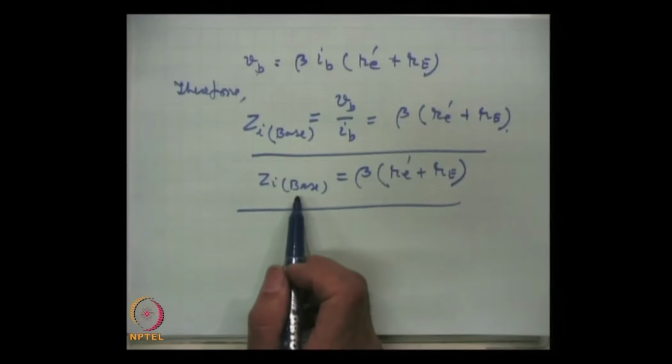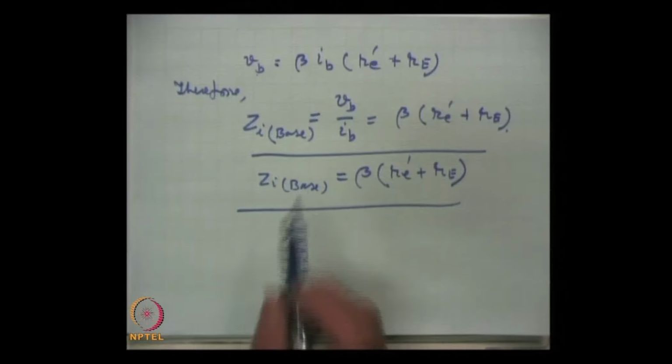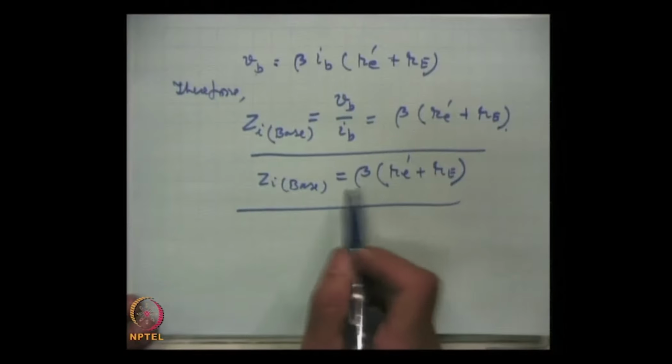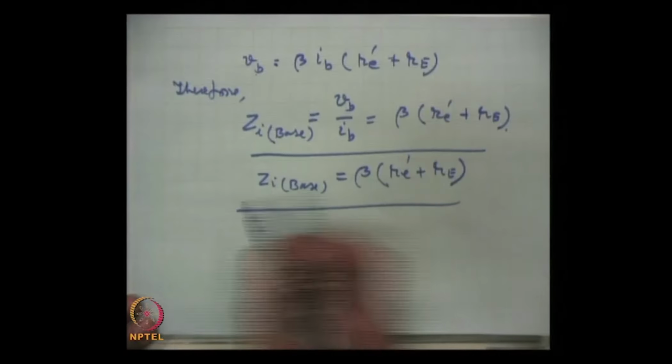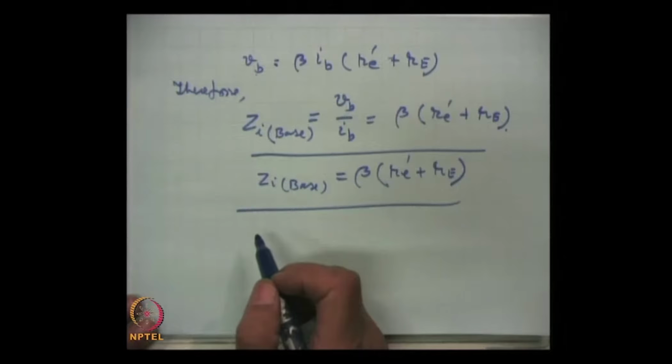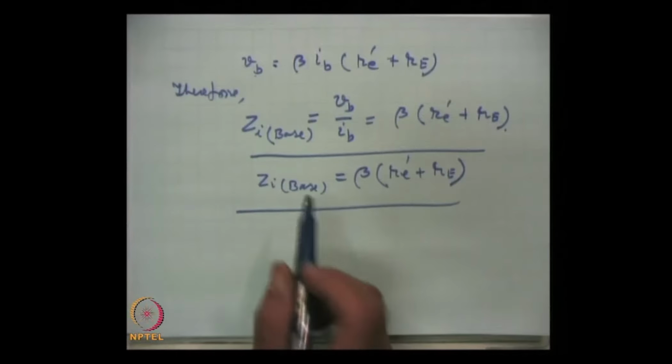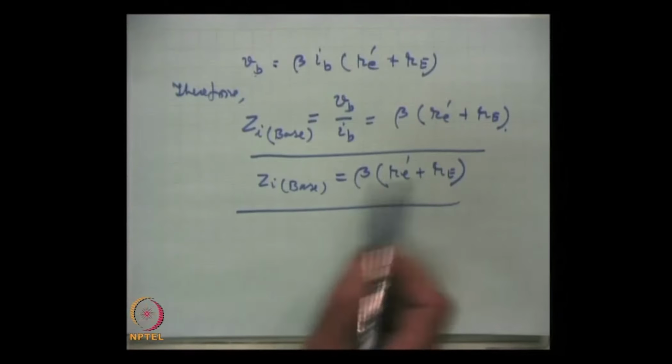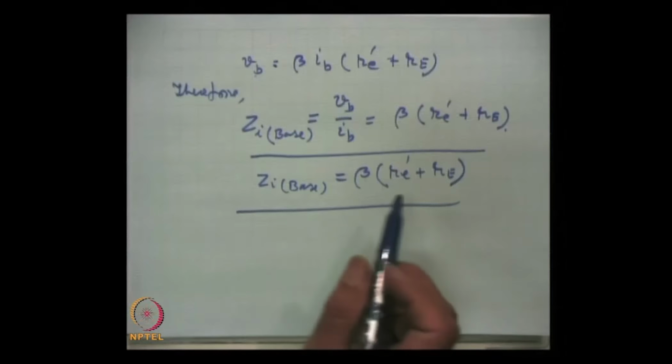Then of course, if we multiply, from here we can get the impedance of the amplifier. But let us discuss this first.